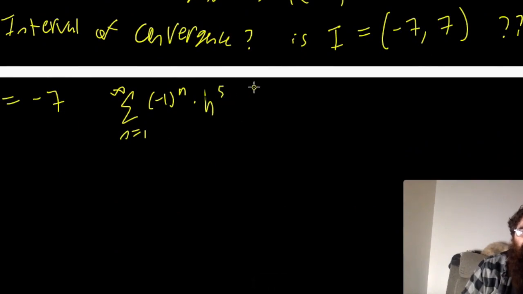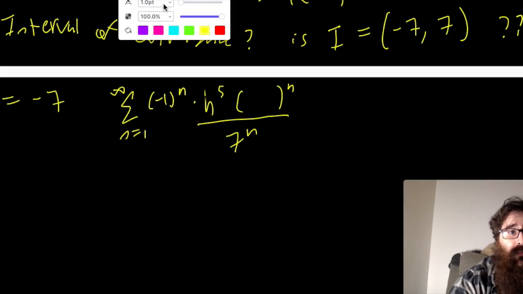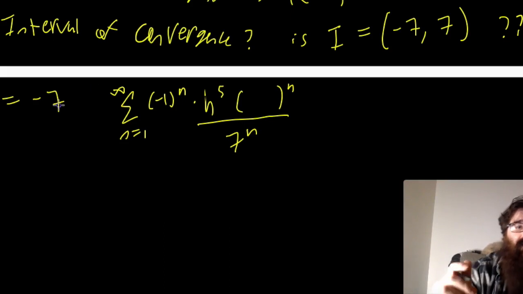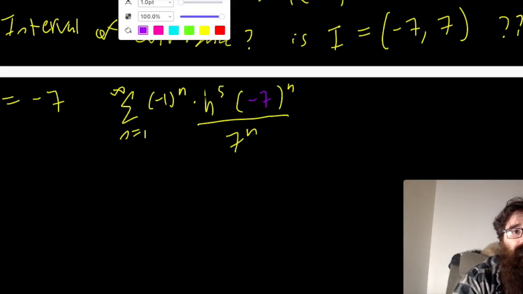For x to the n, I'm going to just write blank parentheses now, over 7 to the n. Because what we're doing is we're physically replacing x with -7. So instead of x to the n here, I'm going to have -7 to the n.